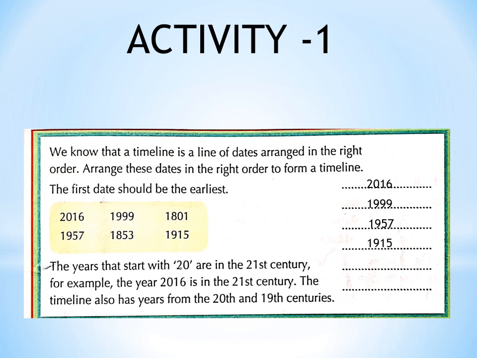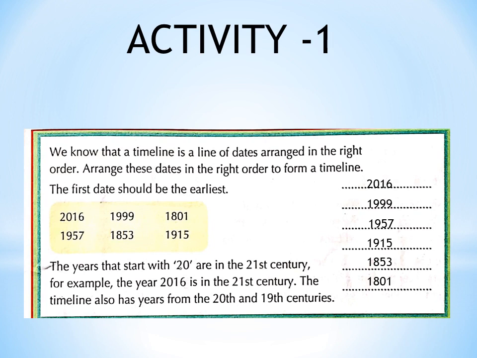Number 5 will be 1853. And the last one, number 6 will be 1801. So this is the proper arrangement of the years, because you have been asked to put it so that the first date will be the earliest one.